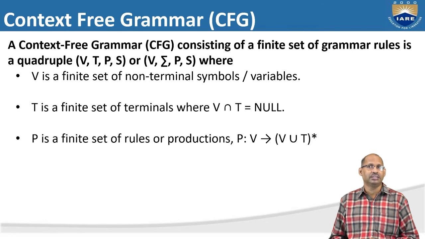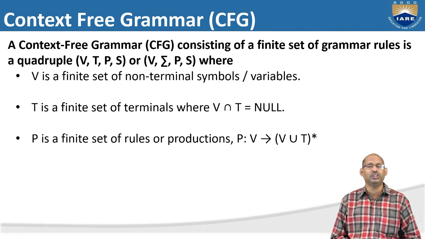Then P is a set of productions. We represent the productions in the form of a variable giving a closure of variables union terminals. What is the meaning of closure?